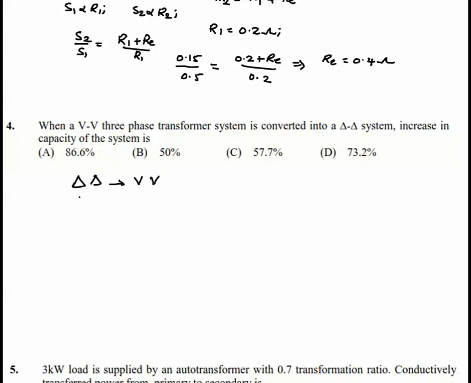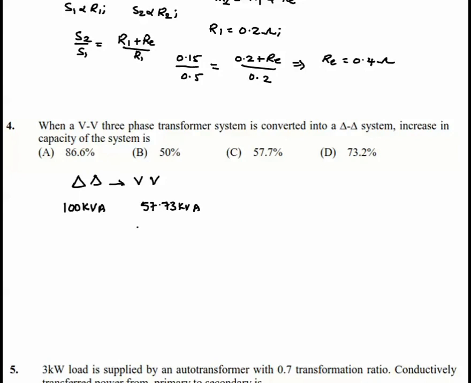Suppose the delta-delta system has 100 kVA capacity. When one winding is open circuited, then we will have 57.73 kVA as the capacity of this open delta winding. That means this much capacity is decreased when we open one winding.